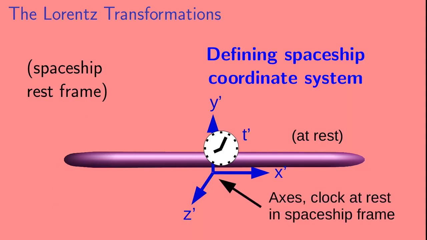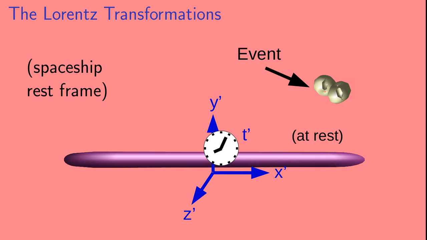Both the axes and the clock are at rest in the spaceship frame. The spaceship crew would describe the time and location of the event by specifying the coordinates x prime, y prime, z prime, and t prime.